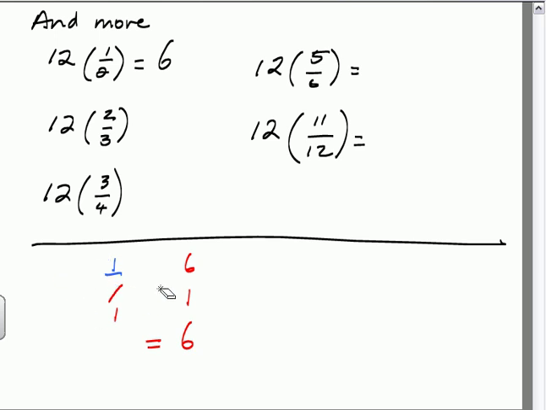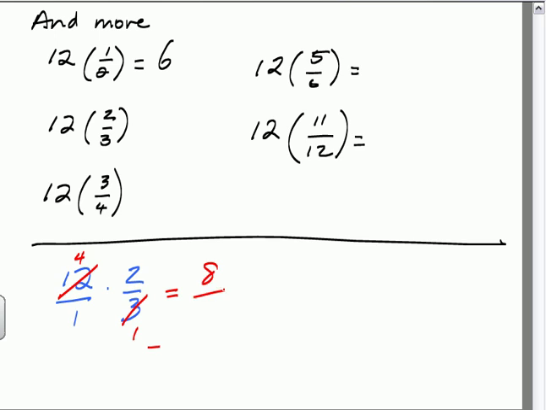Next one, let's take a look at what happens when we multiply 12 times 2/3. Throw that 12 over 1, we can cancel, divide by 3, and we end up with 8 over 1, which is just equal to 8.